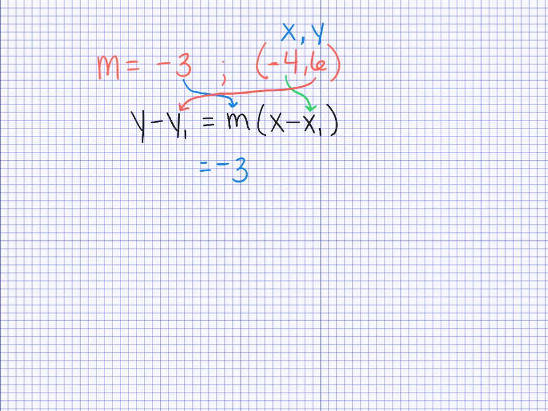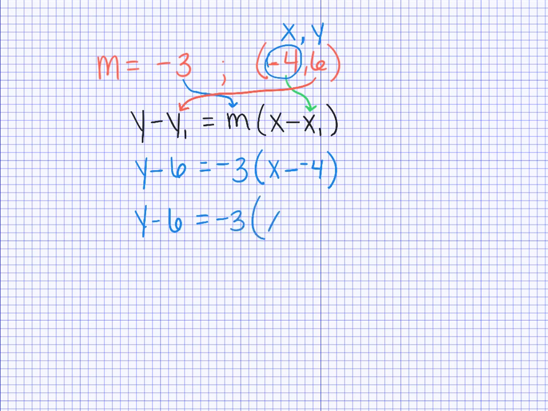And then the other, just the plain x and y, are going to stay where they are. So this is going to become y minus 6 equals -3, and then times the quantity of x minus, but look, this x coordinate is actually a -4, so be careful with your negatives. Okay, and I'm going to clean this up a little bit.